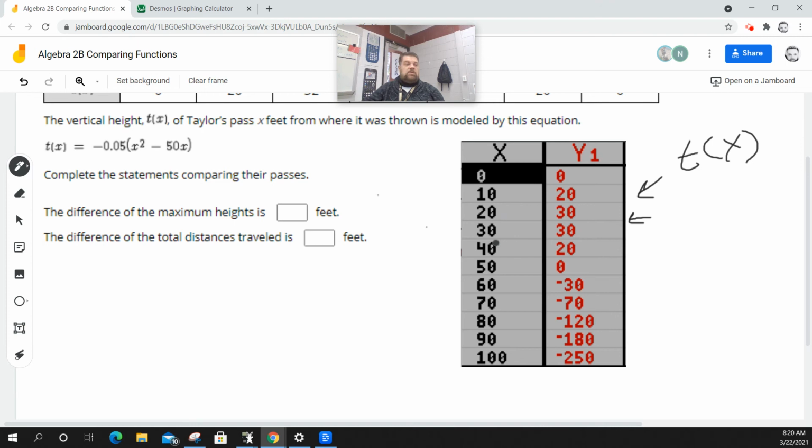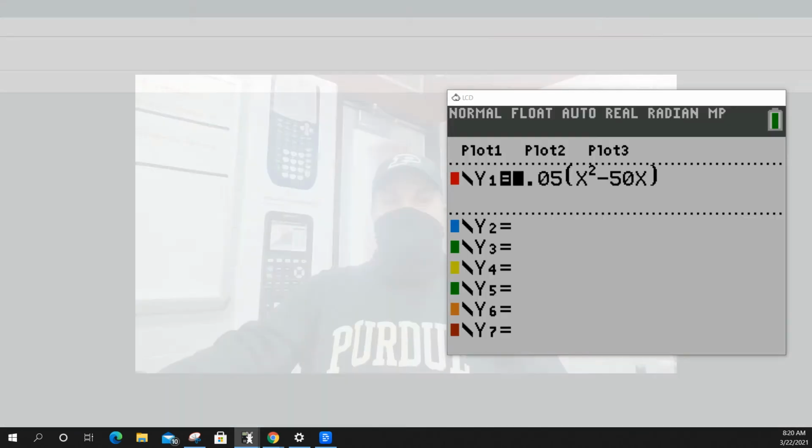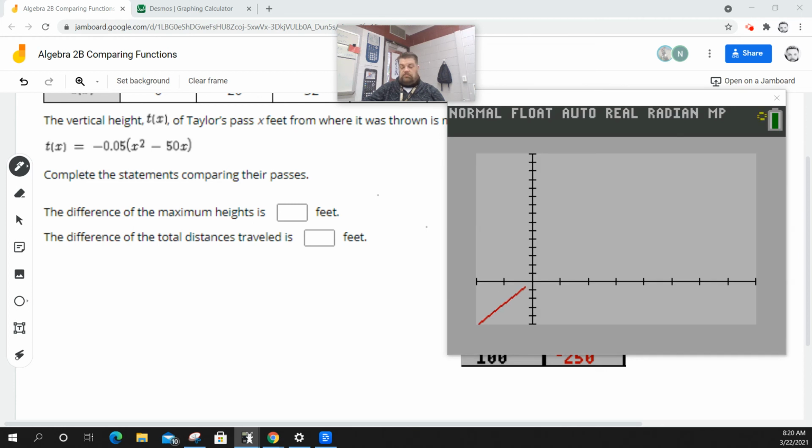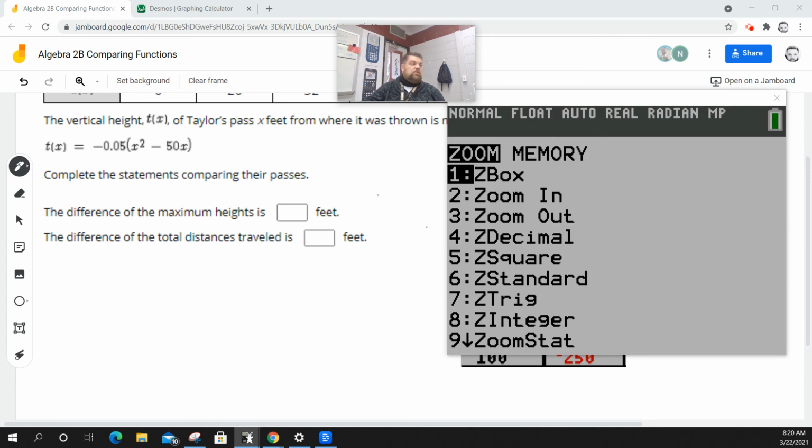So what I really should do is look at the graph. And let me just graph this. Oh, you know what? I gotta adjust the zoom on the window.